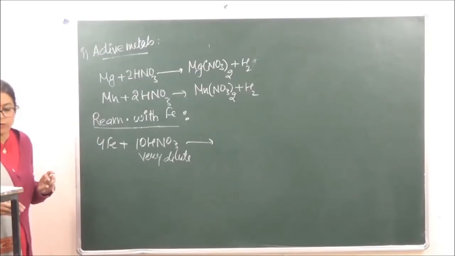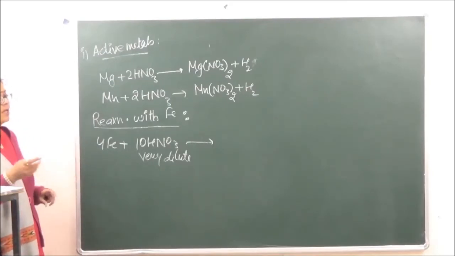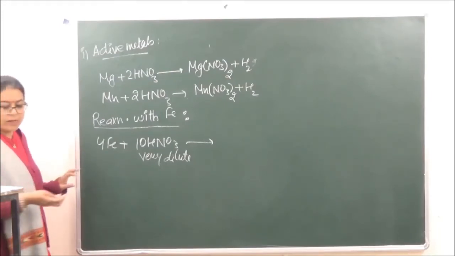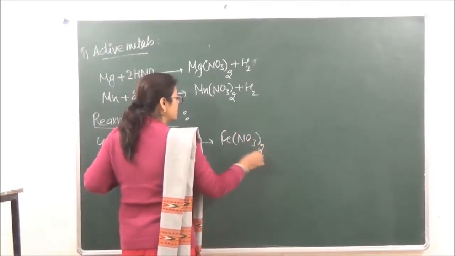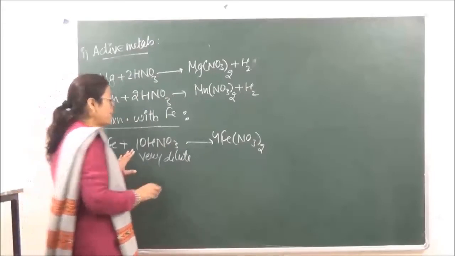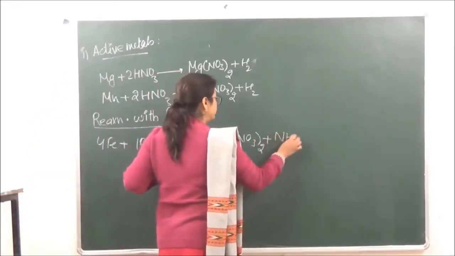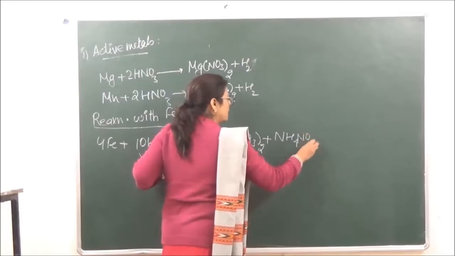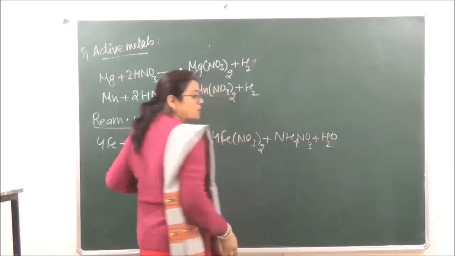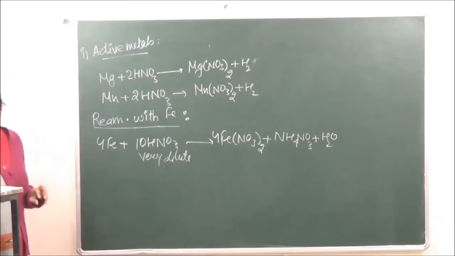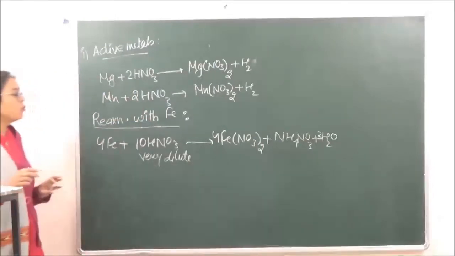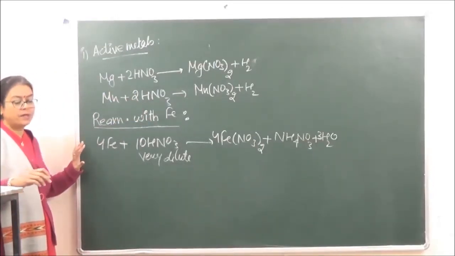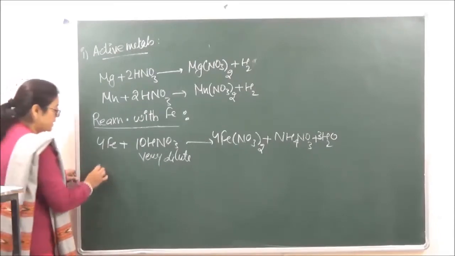With very dilute we are going to get the same as before: nitrate plus ammonium nitrate plus water, the same type of reaction as with zinc, plus 3H2O. It is absolutely the same reaction which we had done with zinc, only instead of zinc we are taking iron. The second reaction is with dilute acid.